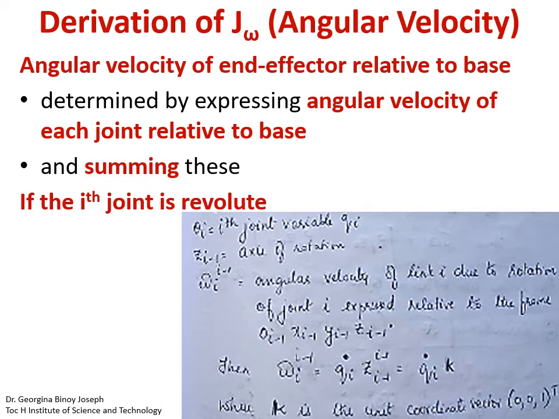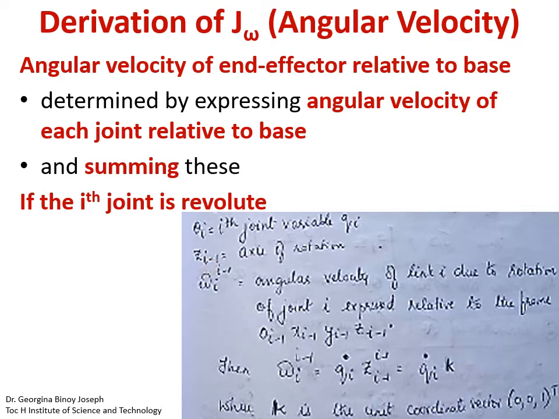Now the joints can be revolute or they can be prismatic. Let us consider if the ith joint is revolute, what happens? If the ith joint is revolute, the ith joint variable qi is equal to theta i. For the ith joint, the axis of rotation is z i minus 1.